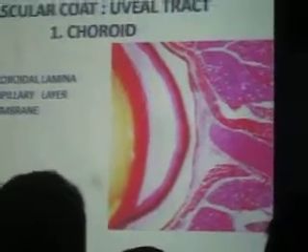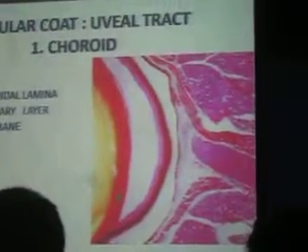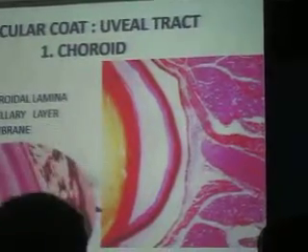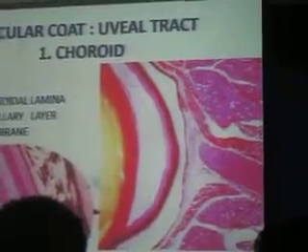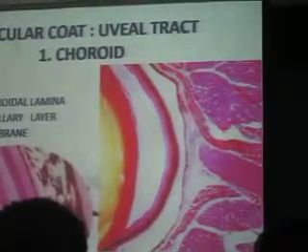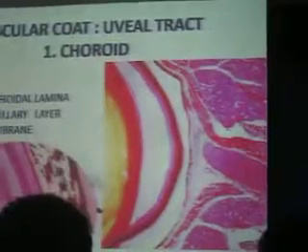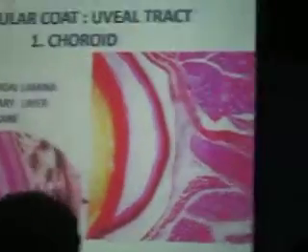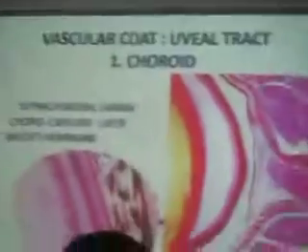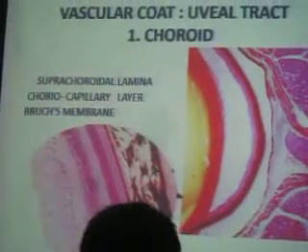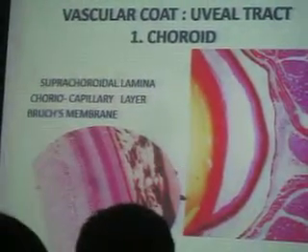Okay. So, we have said earlier that choroid is very vascular. Okay? And you will see the blood vessels or the capillaries in the choriocapillary layer, where you have the capillaries of your choroid. So choriocapillary layer is the main layer of your choroid. Okay? Above it is your suprachoroidal layer or lamina.